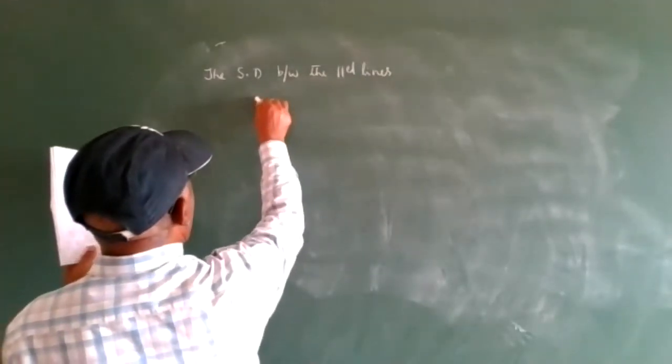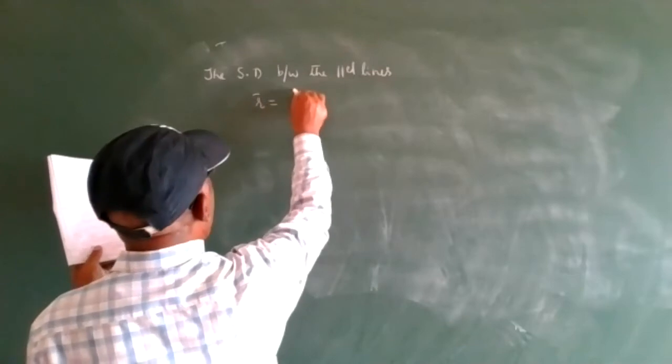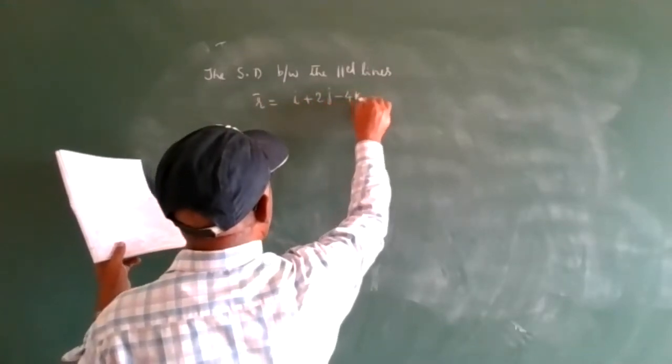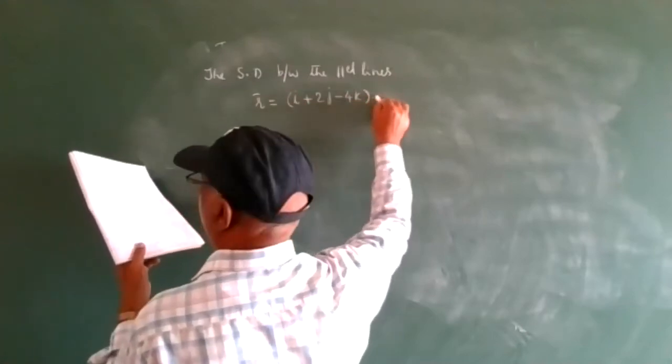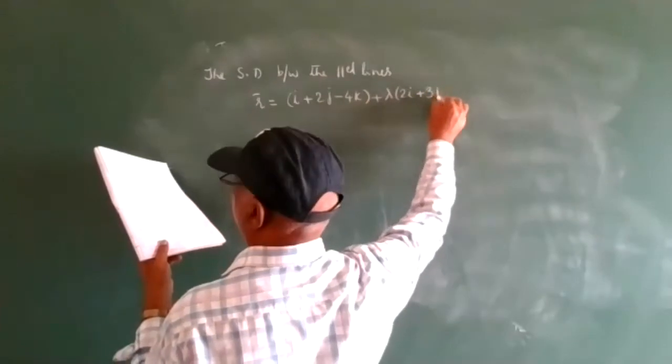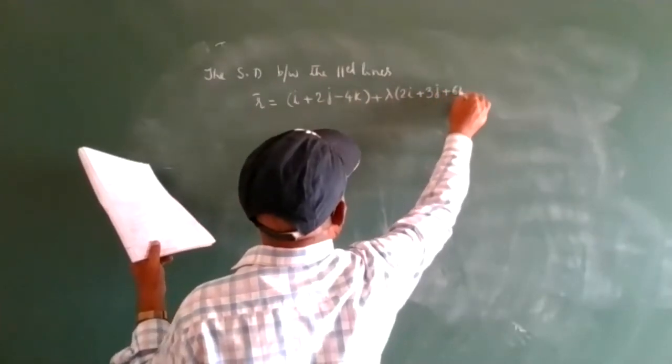See, R bar is equal to i plus 2j minus 4k plus lambda into 2i plus 3j plus 6k.